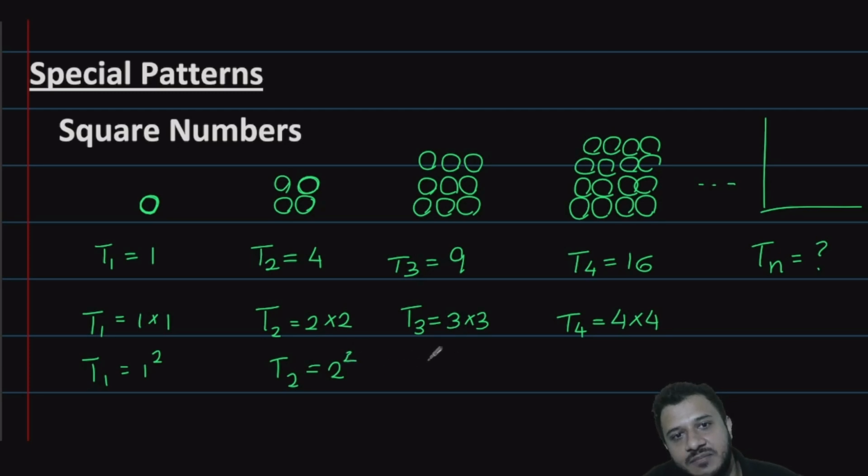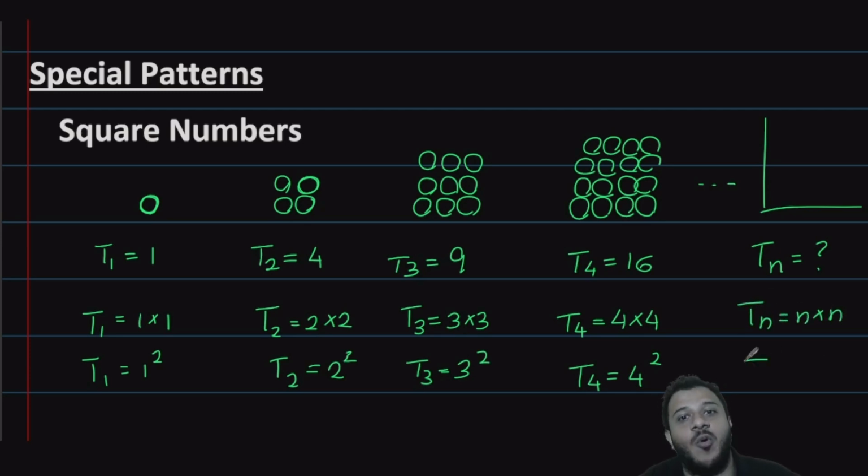Term number 3 is 3 square. Term number 4 is 4 to the power of 2 or 4 square. Then term number n will be n times by n, or term n is going to be n squared. There we go. That is the general equation of square numbers.